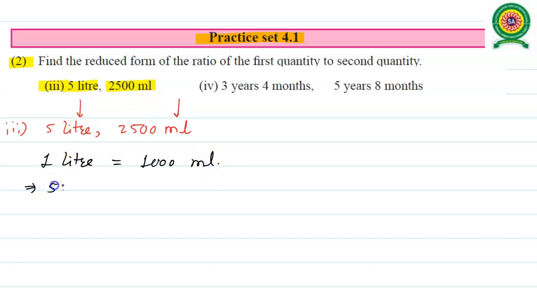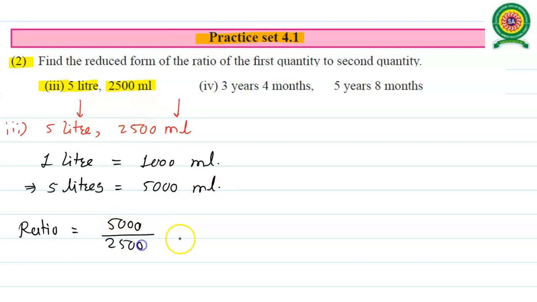So 5 liters equals 5 into 1000, which becomes 5000 ml. Now the ratio of the first quantity, 5 liters, that is 5000 ml, divided by the second quantity, 2500 ml.